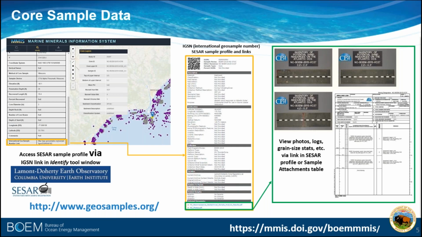One of the cool products of this is that you can actually see what the core samples are, and you can go and select the layers for the core samples and access all the data that comes with it. Unfortunately, it's only for those that have been published publicly. We are working on trying to get as much information in terms of the attributes made available, but not all the samples have all that metadata available.